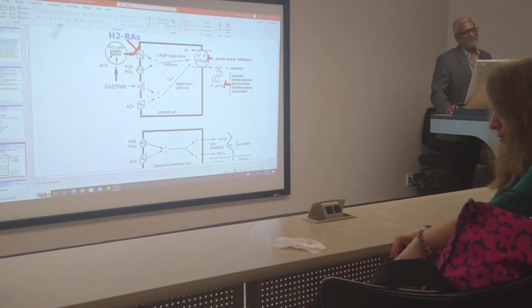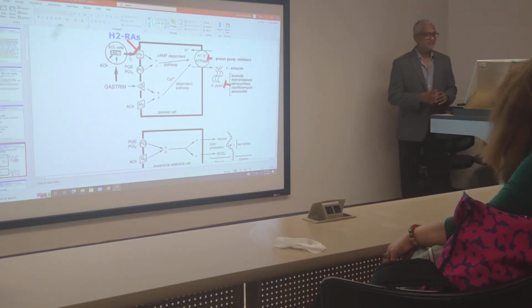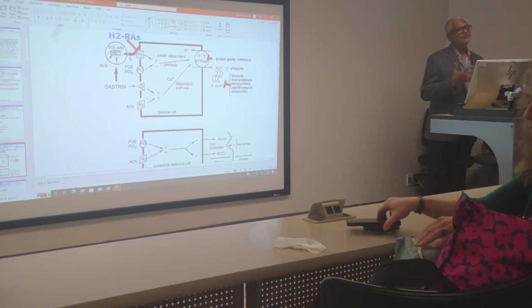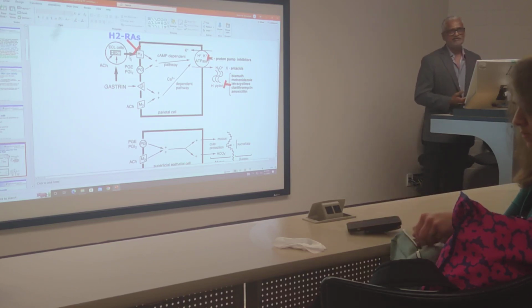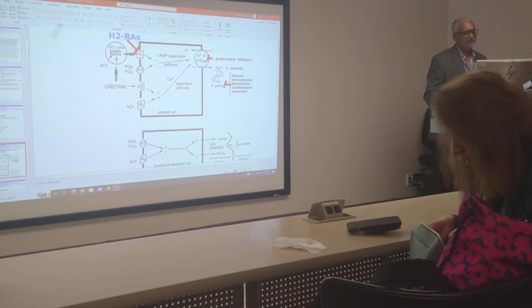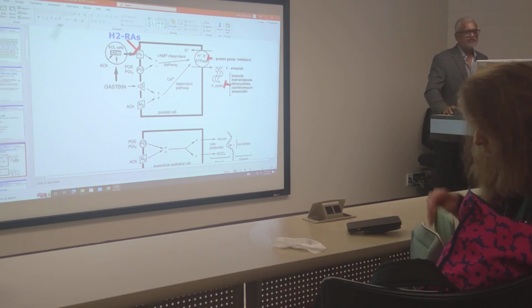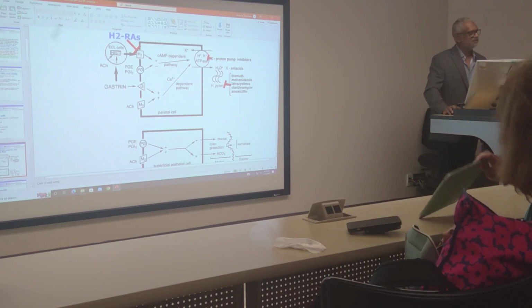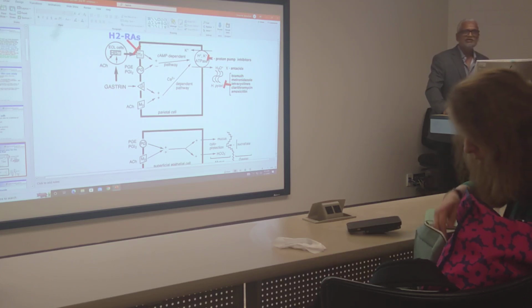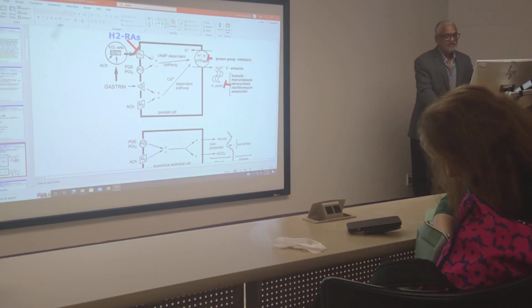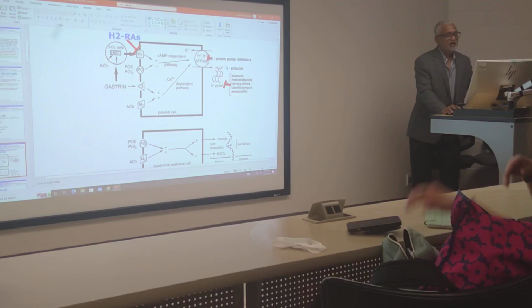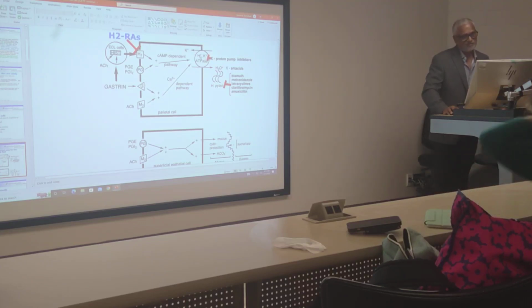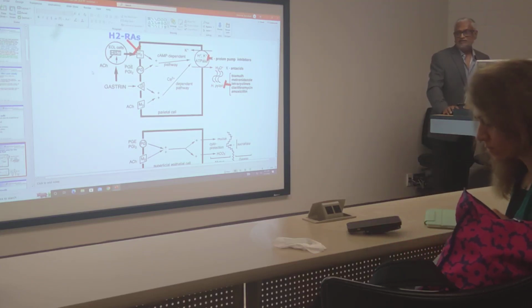Remember, the H2 receptors can be activated by more than one agonist. Agonists like gastrin can activate the histamine cell surface receptor H2 and increase the proton pump activity. Likewise, acetylcholine.